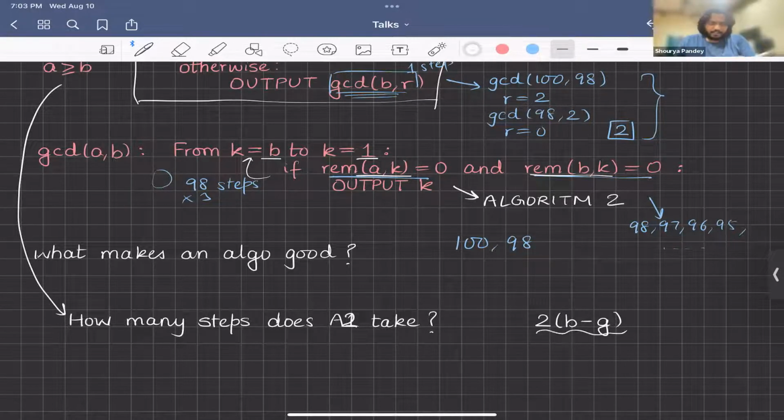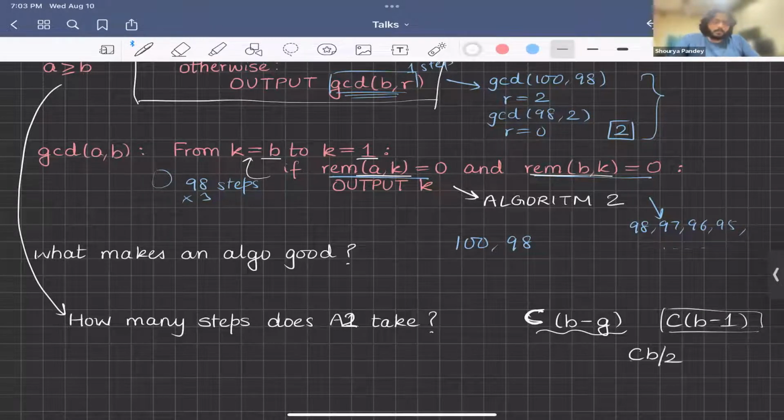Let's ignore constants and say there's some fixed constant c times b minus g. And this may be almost as large as b. Even if the GCD is just half of b, it takes c times b by 2. If the GCD is not b, then it's at most b by 2. So if the answer is not trivial, it will take at least these many steps. That's not very good, because b could be quite large.